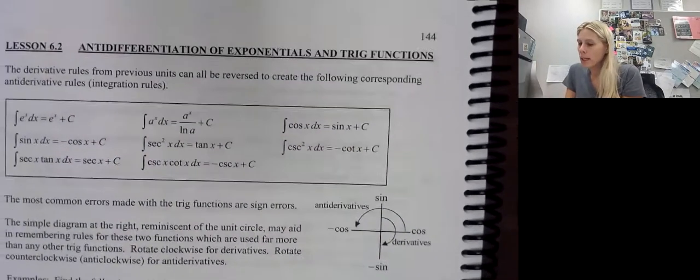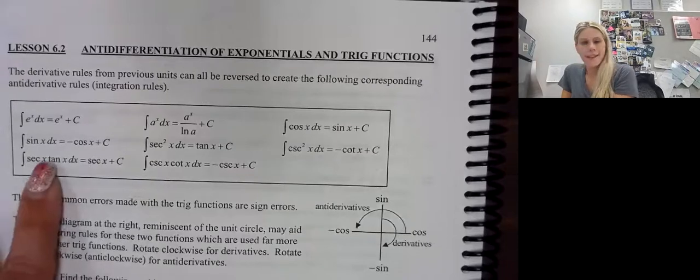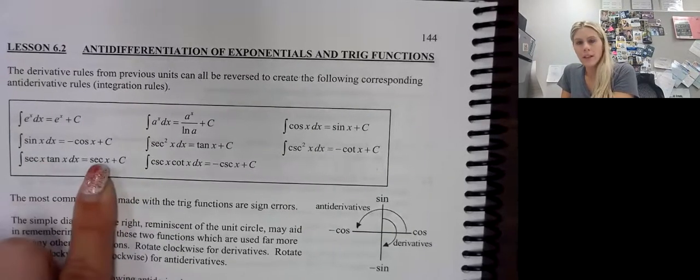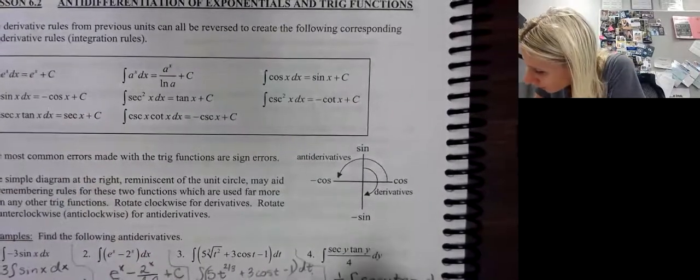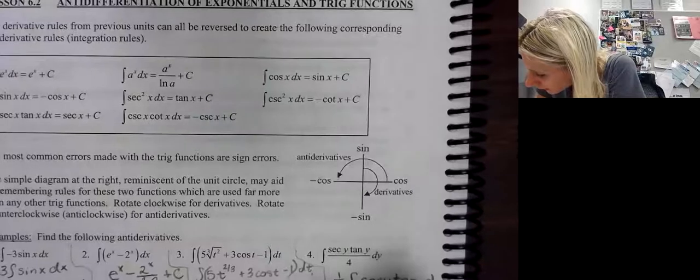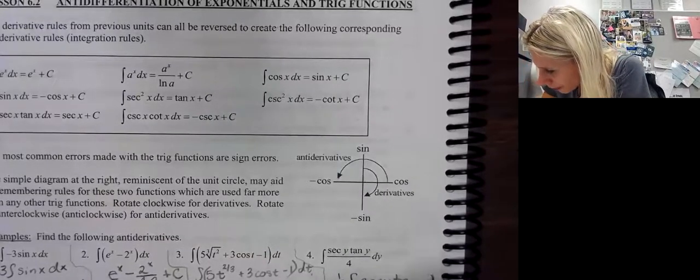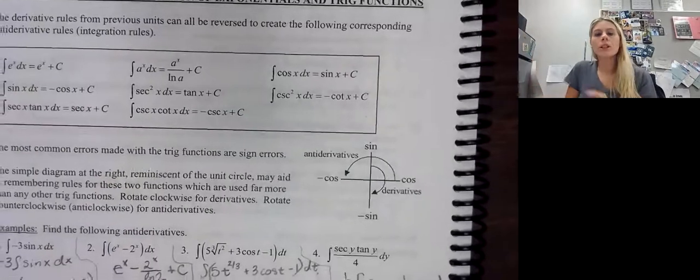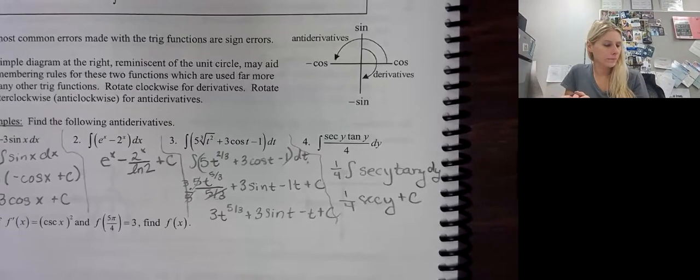So if I go up here and I look for secant tangent, I see it's right here. Secant tangent, the integral is secant. So we get 1/4 secant y, and then don't forget that plus c at the end. So we need to be able to recognize these in the rules.